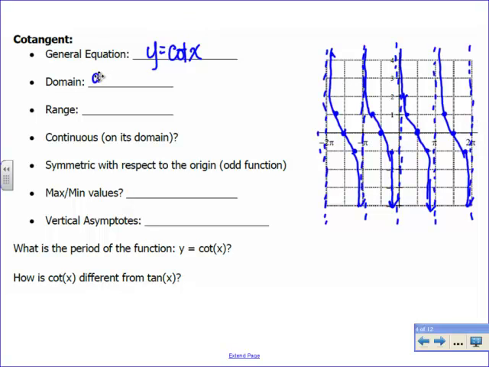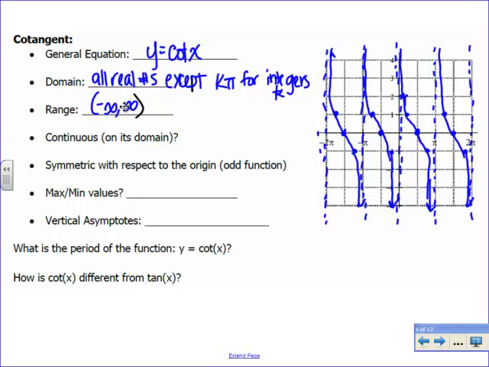So our domain is going to be all real numbers except, we're going to use k again, k pi, okay, no pi over 2 this time, just the regular pi, and it's for all integers, not just odds or evens. So for all integers k. Our range again goes from negative infinity to infinity. Continuity, because of those asymptotes, again it's infinite discontinuity.